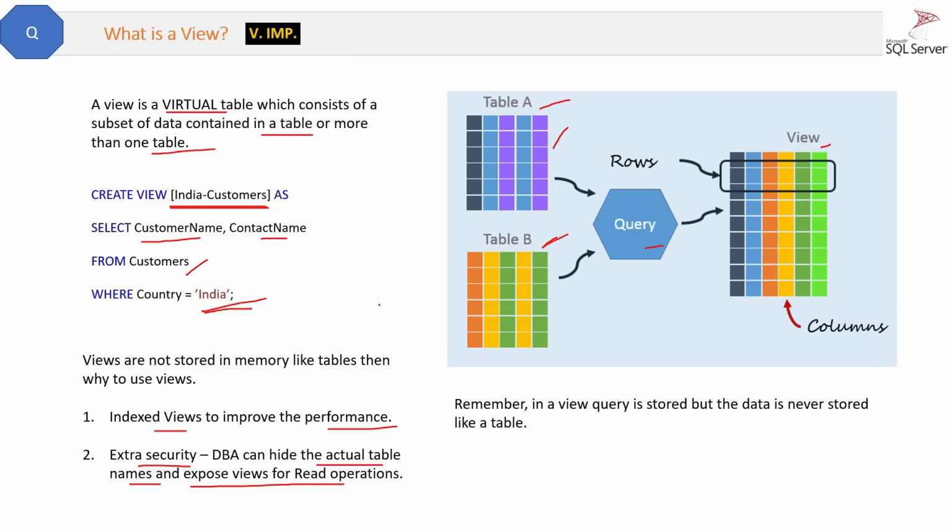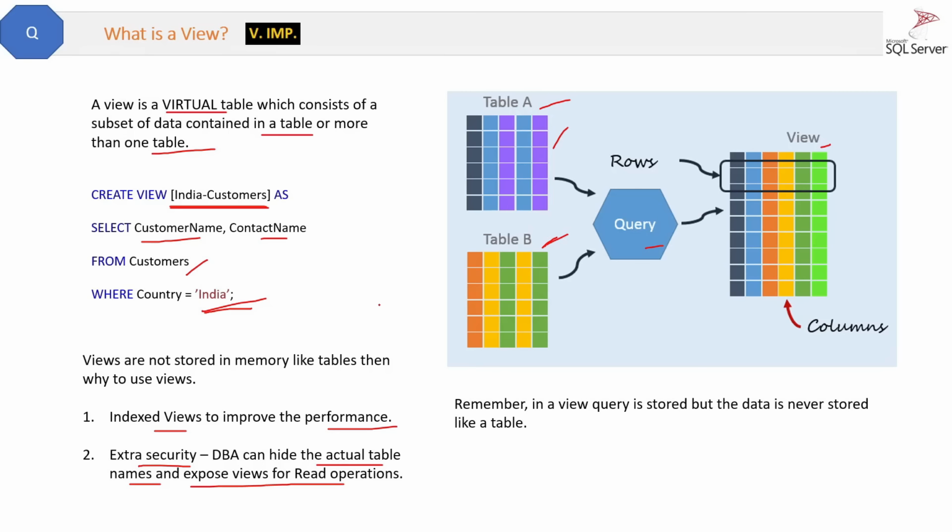Then you can create a view, whose name can be anything, and write a query inside this view to get data from that secure table. Now your developers will access the view only. They will do select star from view. They don't know what the actual table name is. You are providing security to the table because you are exposing only the view. In that way, the table name remains confidential and secured.